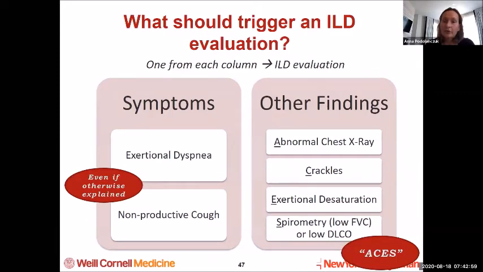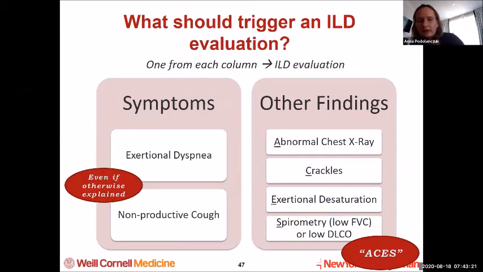Or if they have an abnormal chest x-ray, if they have crackles on exam, even if you think they might be from heart failure, but if there's maybe something in the back of your head that maybe it's just not quite right, if you hear crackles, think about ILD, not just heart failure. If you see exertional desaturation, or if you see on spirometry that they have low FVC or low DLCO. If they have any one thing from each column, then think about doing an ILD evaluation.